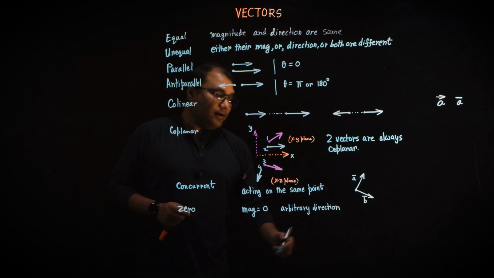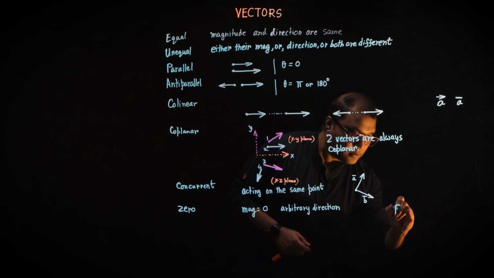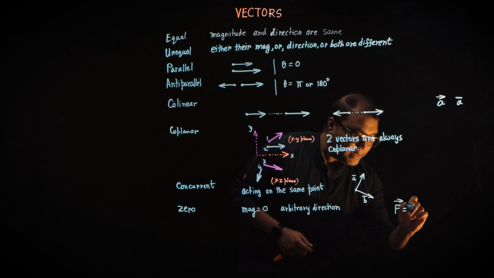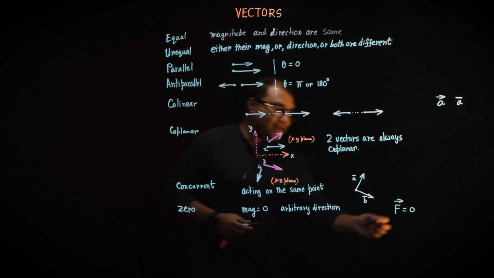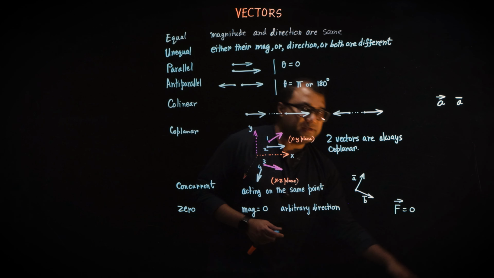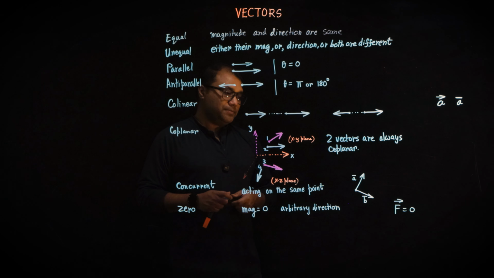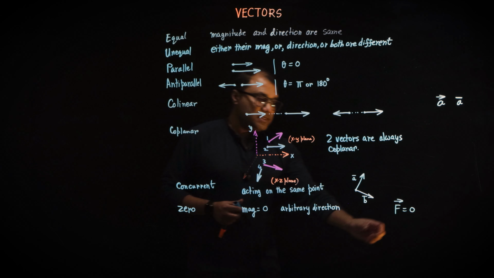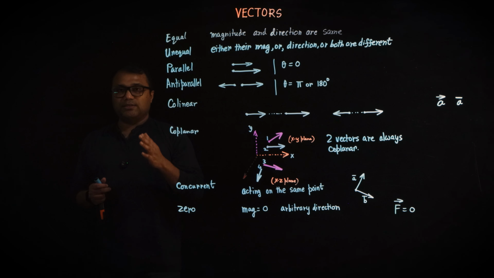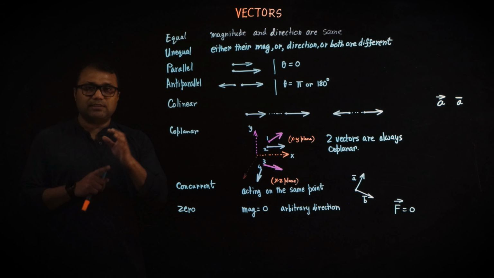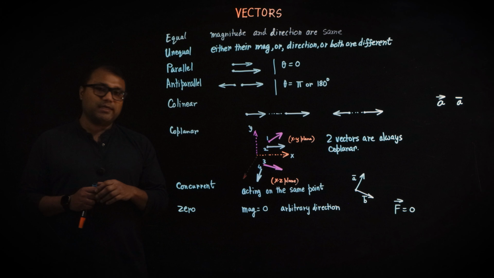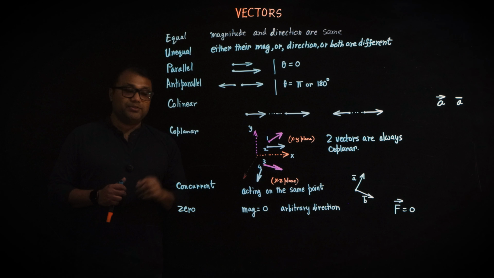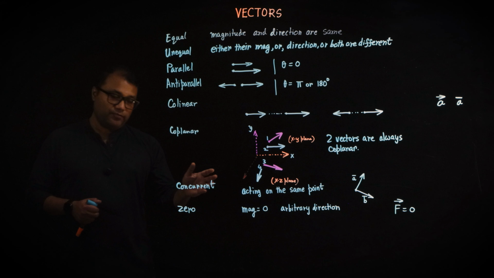If I say a force is 0, it does not mean the force has become a scalar quantity. It has 0 magnitude, but any arbitrary direction. These concepts will become clear on edge cases, like the force just about to go to 0, like static friction or dynamic friction. We will use this, so remember what zero vectors are.